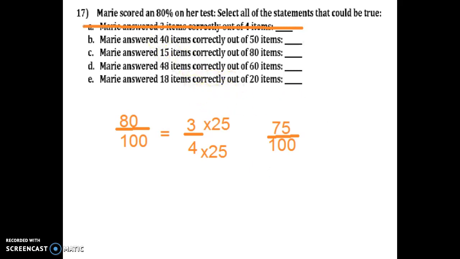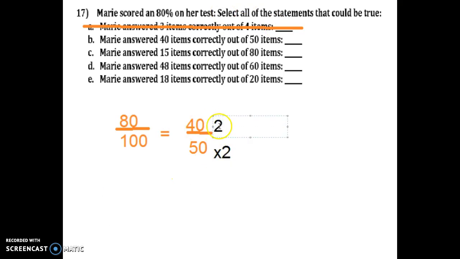So let's do the next one with you guys too. So again, we're trying to get to 80 over 100 because that's what our percent is, 80%. This time they said 40 over 50, right? So is there an easy way to get from 50 to 100? It sure is, right? I would multiply by 2.